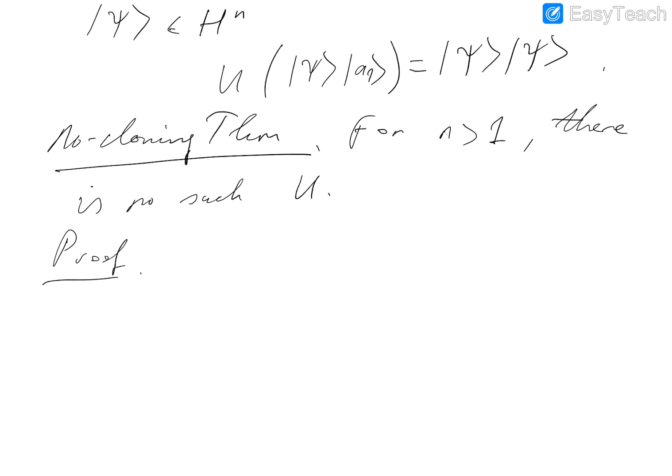The proof relies on the linearity property of U and having different descriptions of tensor products. Suppose that we have a quantum copy machine U for n greater than 1. So that means we have at least two orthogonal states, A1 and A2.